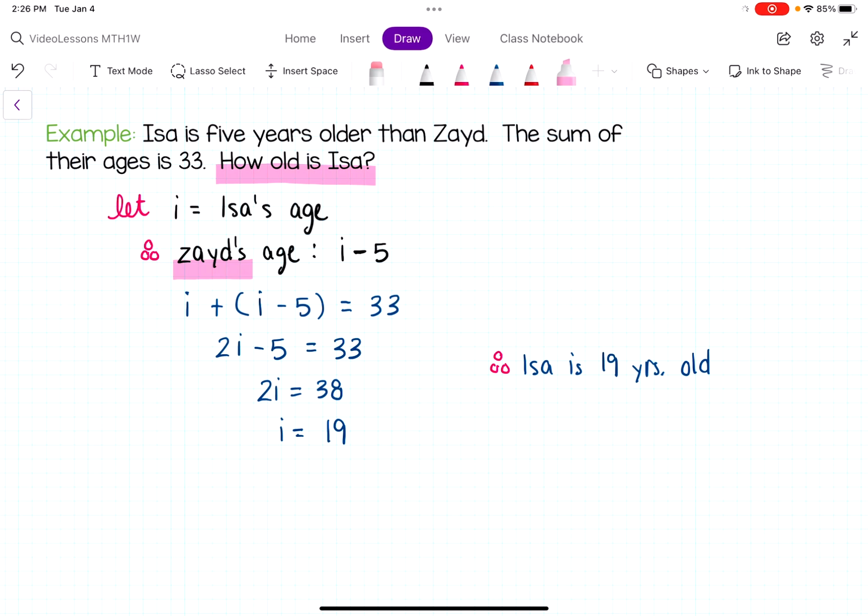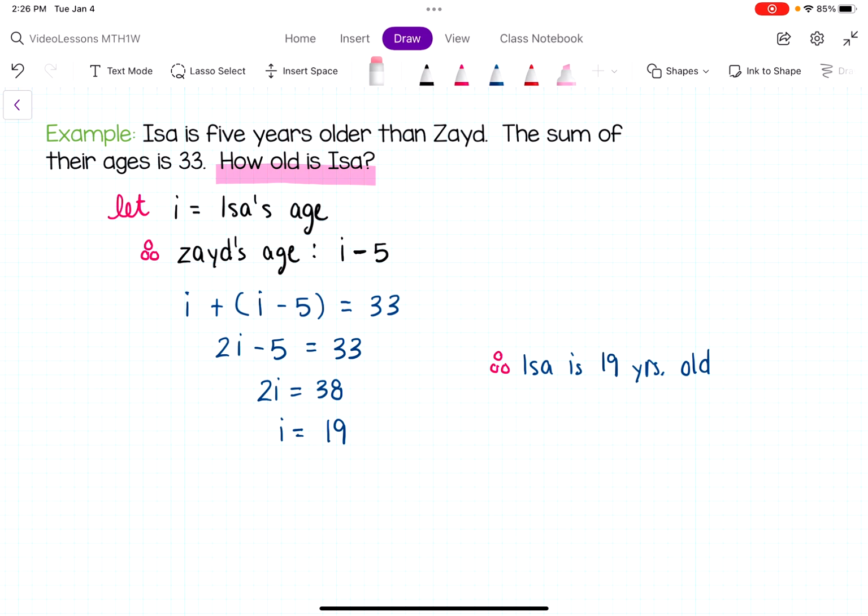And the reason why we did that is because I need to solve. We chose Isa to be our variable because the question only asked for Isa's age. If the question just said, how old are the boys? Then you could have used either one. And then you just find one and then use that to solve for the other. Like in this case, because Isa is 5 years older than Zaid, if Isa is 19, then Zaid is going to be 14.